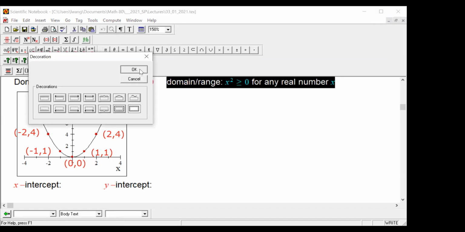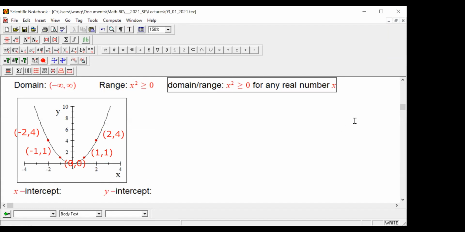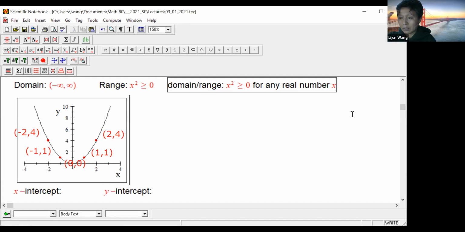Very useful stuff. I want you guys to write it down and mark it as an important item on your list. Whatever symbol you use for important items, make sure you understand it. Because any real number times itself is going to be at least 0, greater than or equal to 0.